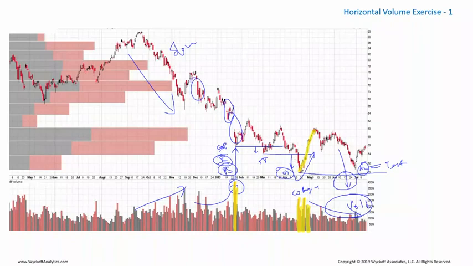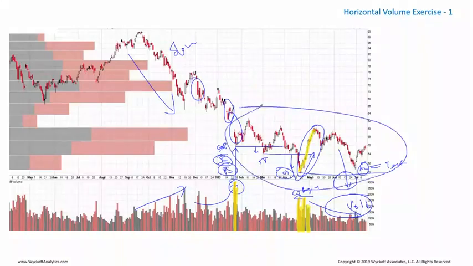Also, look at the rally in between, that yellow rally. Again, I talked about the volume characteristics, but also look at the result. This is the best rally in this whole trading range, so it has a lot of bullish characteristics. The last reaction also has a lot of bullish characteristics, and then we are taking off here.